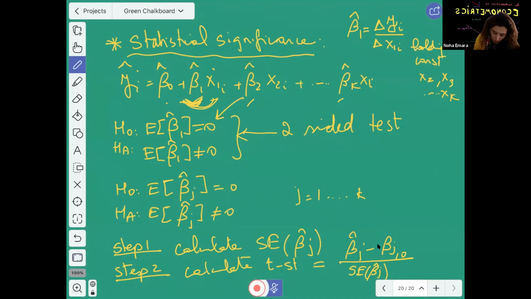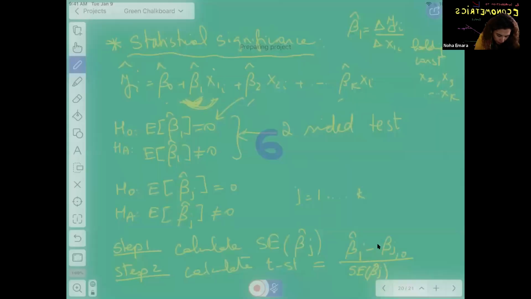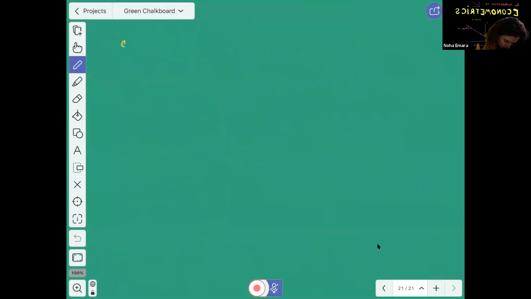And then step number 3 is to compute the p-value. If I'm talking about a two-sided test, then it would be 2 times all the points that are less than or equal to, so we're using the cumulative distribution function, CDF, right?